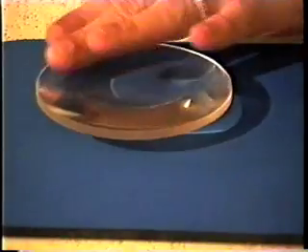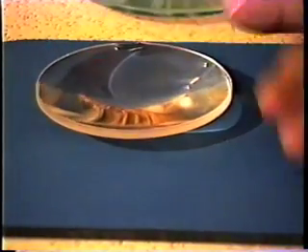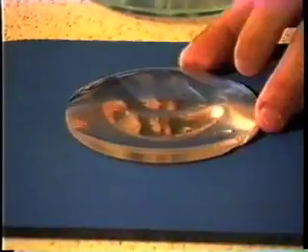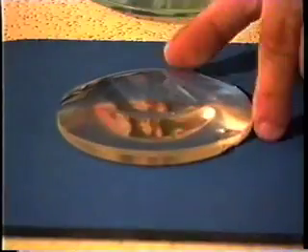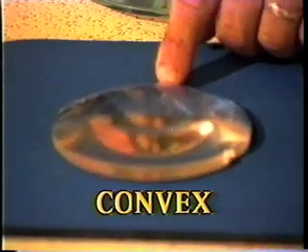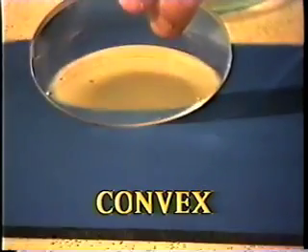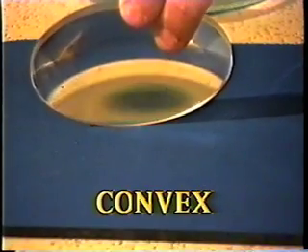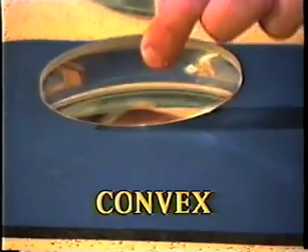All right, this is called a plane side. It's plane or plano. And this side going up would be called convex. So that is convex. Convex is a lens in which we have curve on top and flat on the bottom. That's a convex.